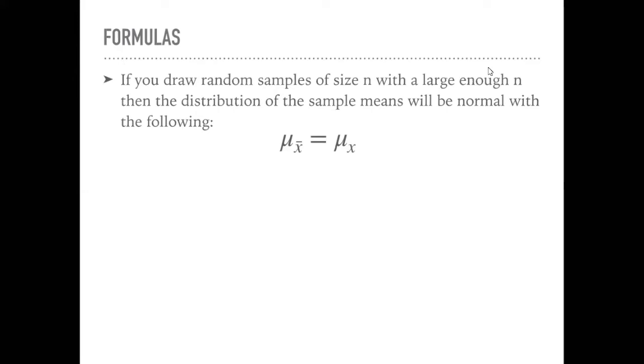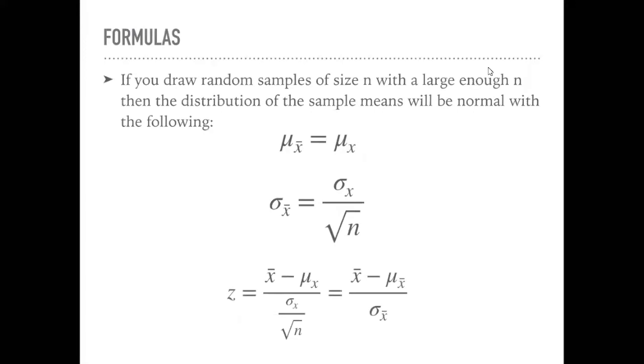So the mean of our sample means is equal to the mean of our data values. The population standard deviation of our sample means is equal to the standard deviation of our data values divided by the square root of n, the square root of our sample size.